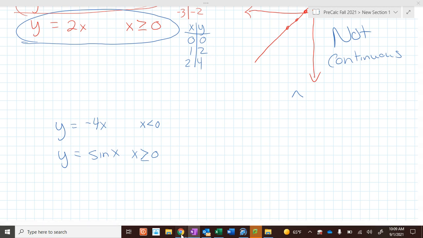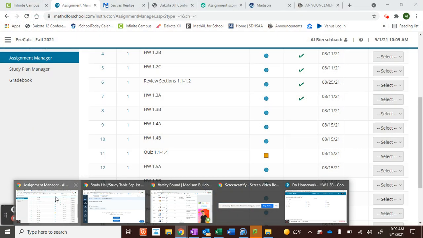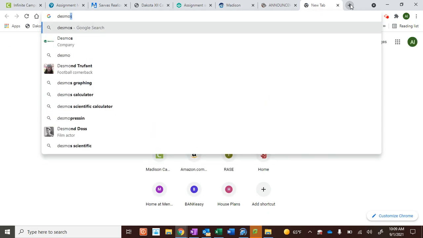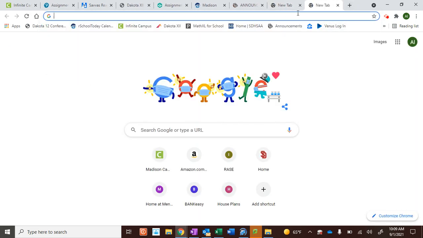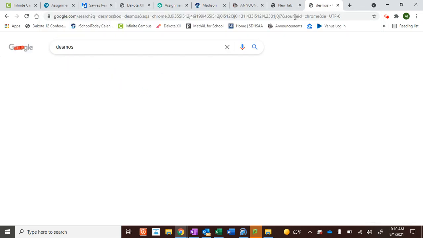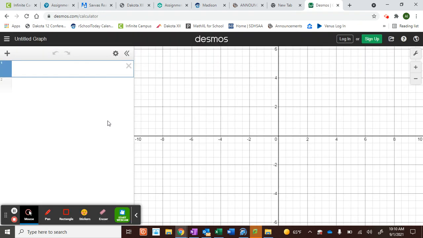So, if I bring up my graphing calculator here, let's go to the Desmos calculator. So it comes up to have a screen that looks like this.